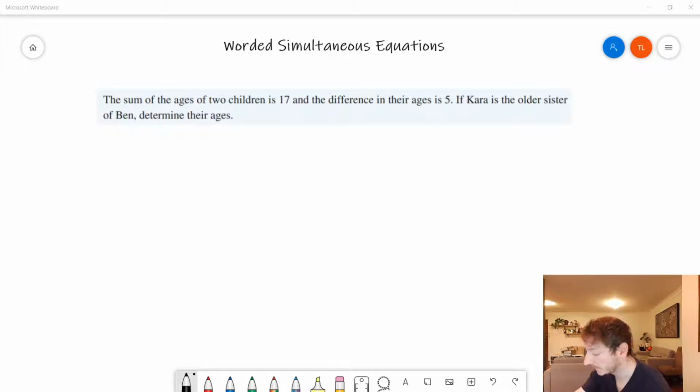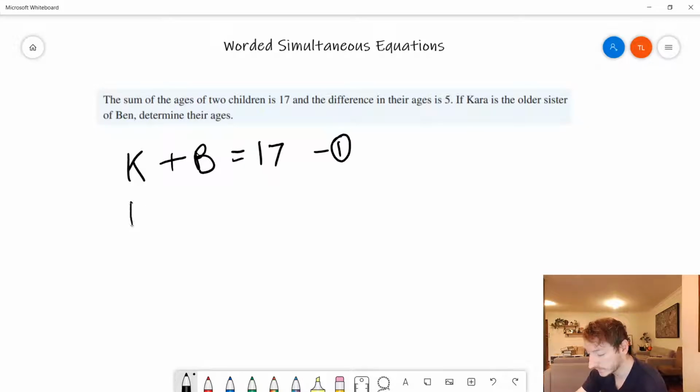So let's call Cara's age K and Ben's age B. The first thing we've got written is the sum of the ages is 17, equation 1. The difference in their ages is 5, so K minus B equals 5.